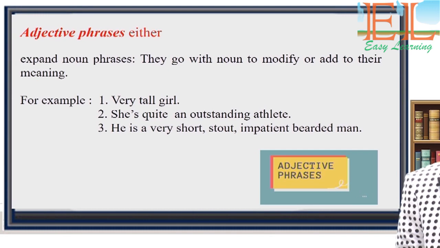So we have very and tall modifying the noun girl. She is quite an outstanding athlete. Here too, we have adjectives expanding the noun athlete. He is a very short, stout, impatient, bearded man. A string of adjectives forming an adjective phrase modifying the noun man.